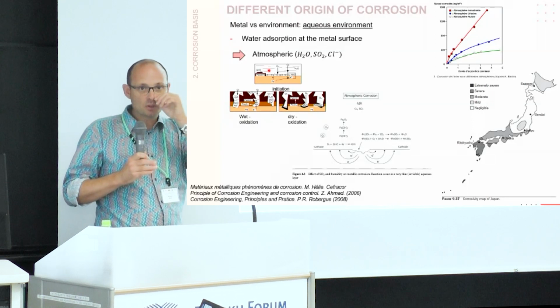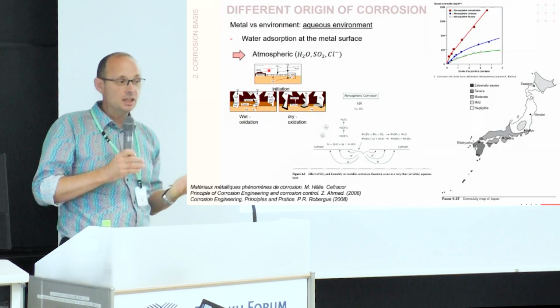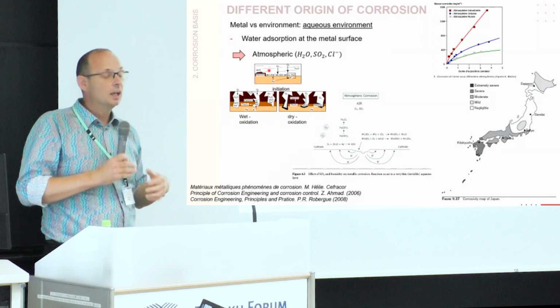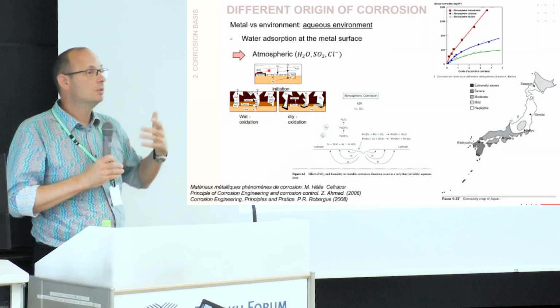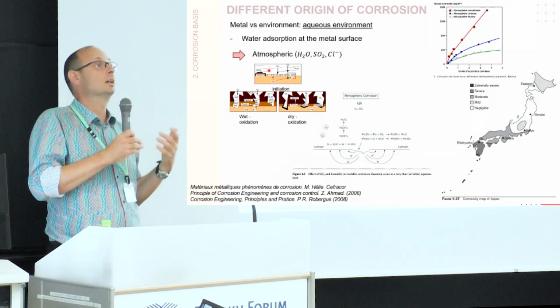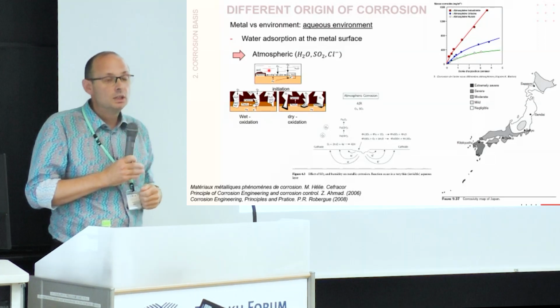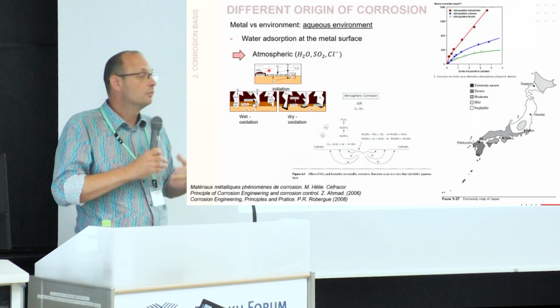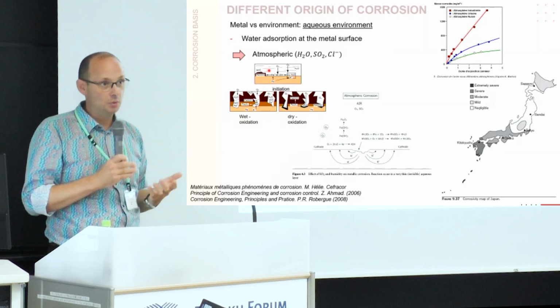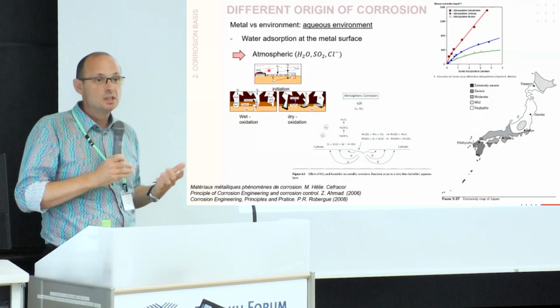In dry conditions, the oxide is drying, and eventually chemical elements deposit on the surface because we are in atmospheric conditions. For example, you will deposit some sulfide, some pollutants.